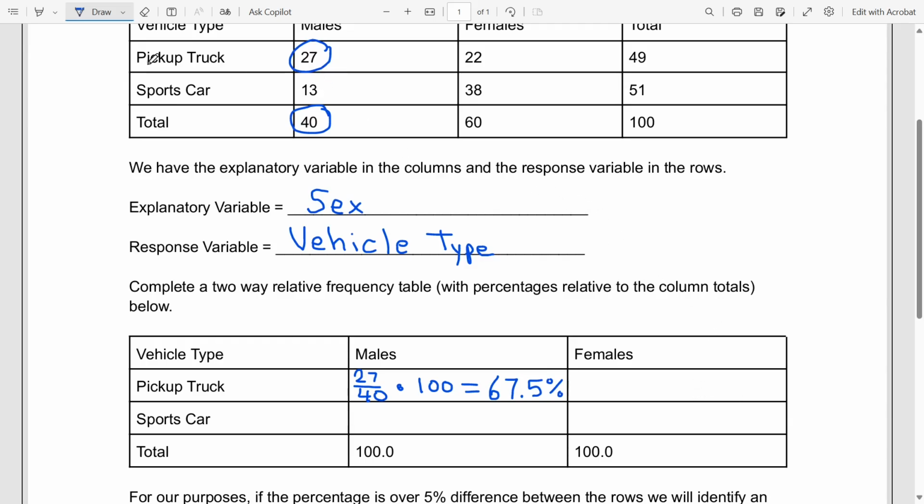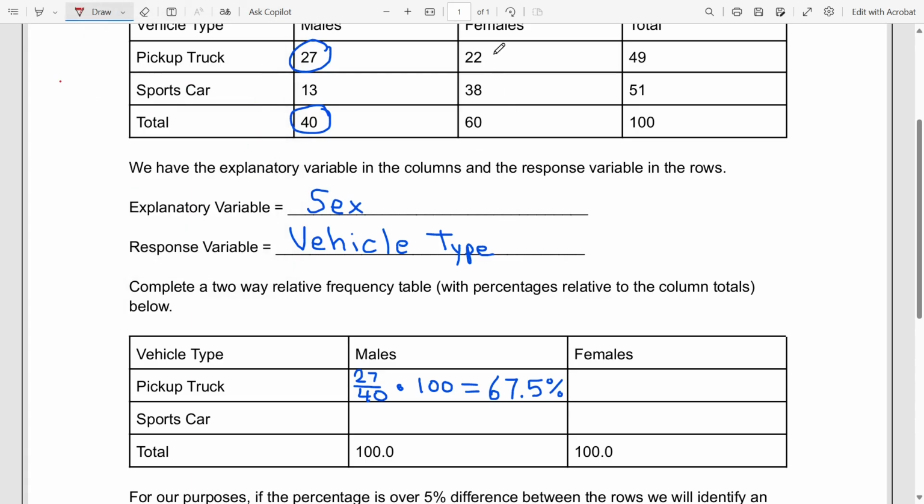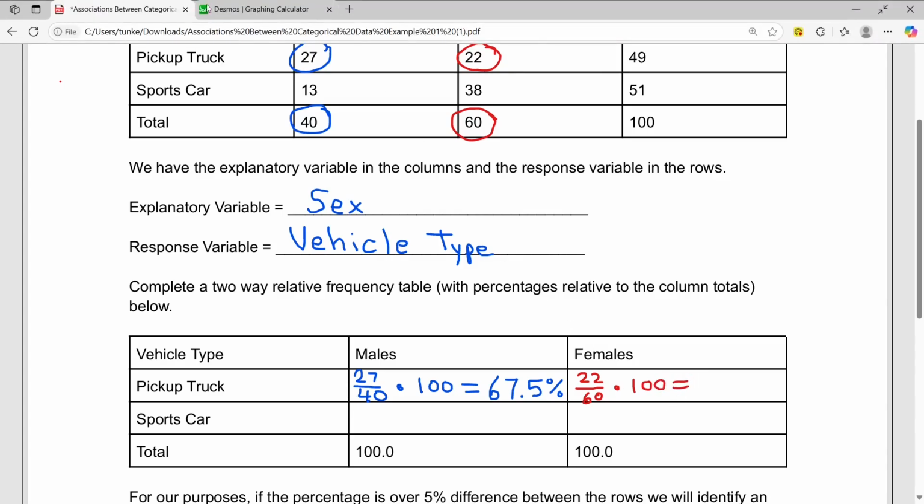Okay, if we want to look at females who prefer pickup trucks, to get that percentage, we got to do 22 out of 60 because there's more females in the survey. And we're going to take that number and multiply by 100. So let's do that in Desmos.